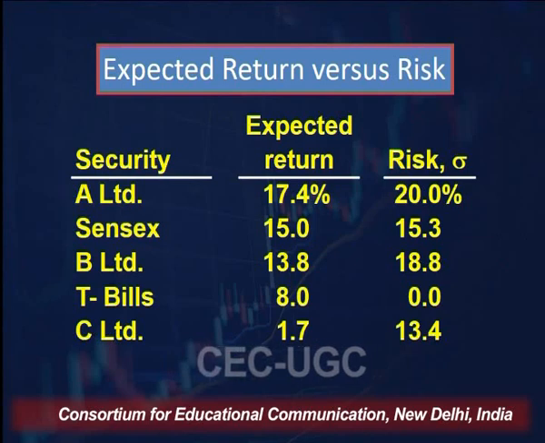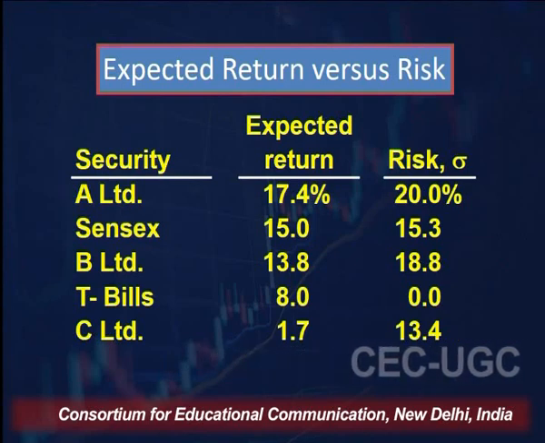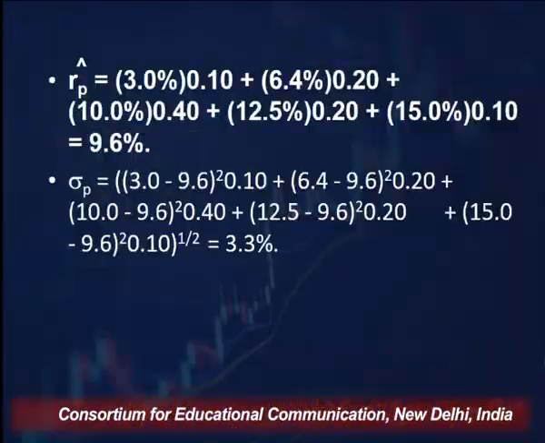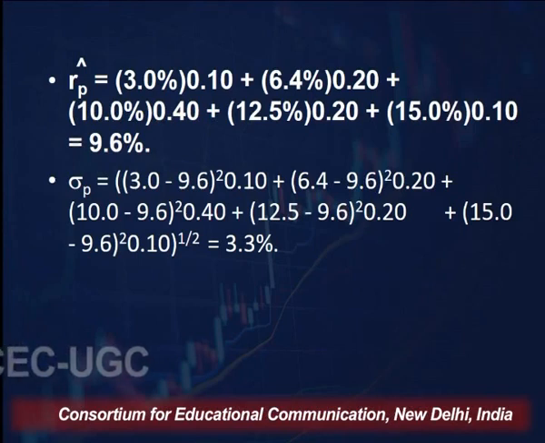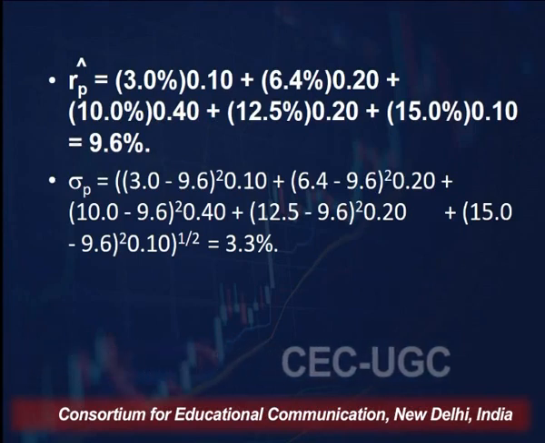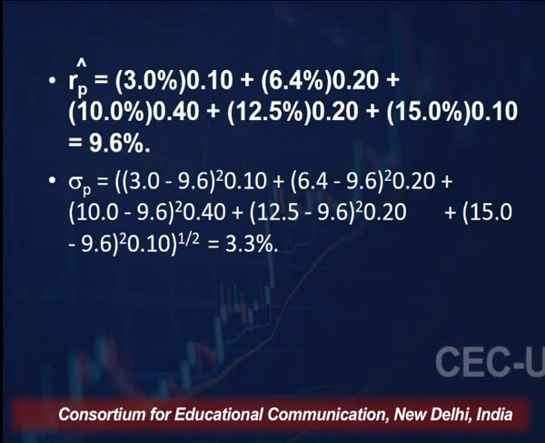So when we are combining these two securities, our risk should lie between these two outliers, 13.4 and 20. But when we did the calculation, to our surprise, our risk comes out to be 3.3%, as you can see on the screen. This 3.3 is much lower than the bare minimum risk associated even with security C.